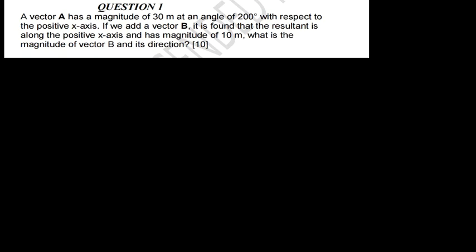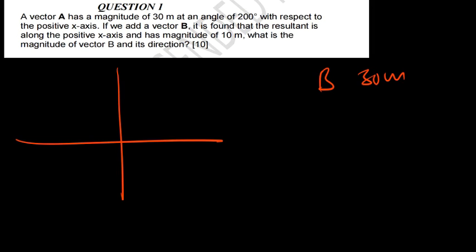So before we go, let me just give you this. Let's have vector B of 30 meters at an angle of 20 degrees west of north.